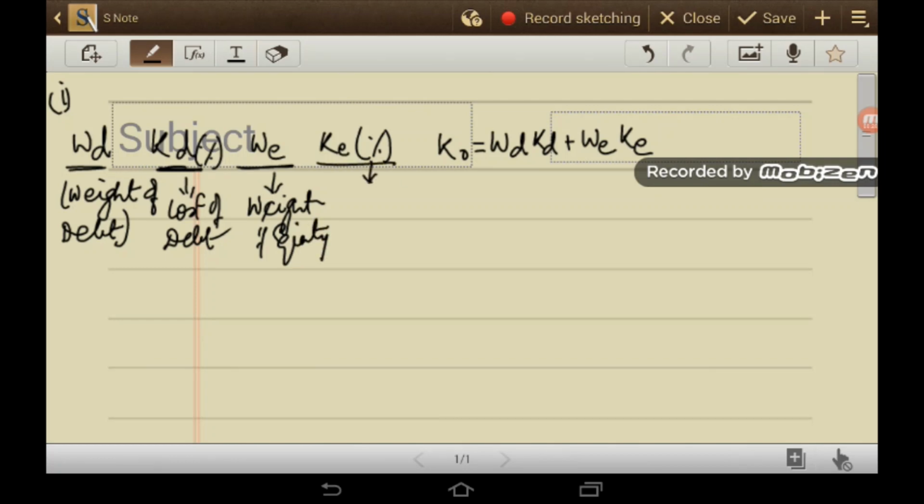This is cost of equity. And here we will calculate the weighted average cost of capital, which is equal to WD into KD plus WE into KE.